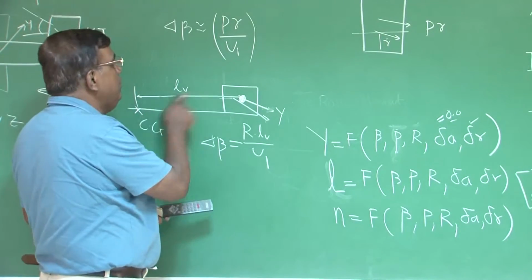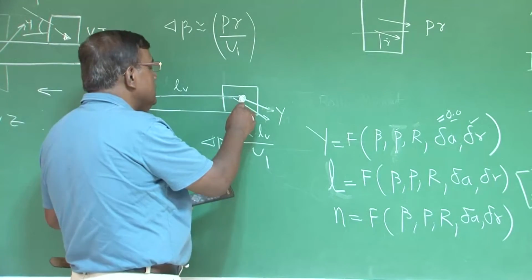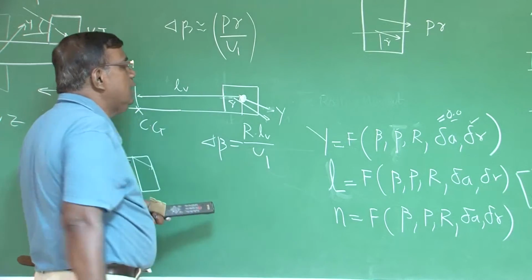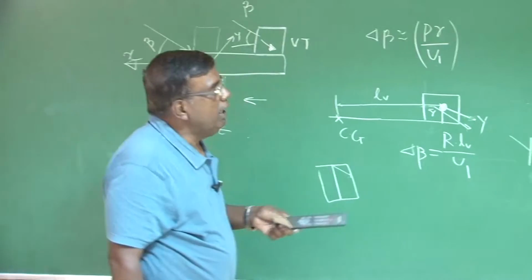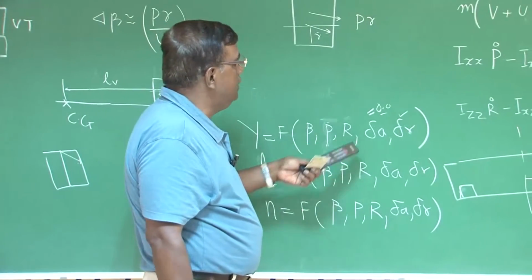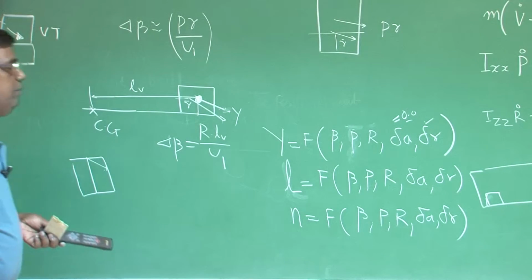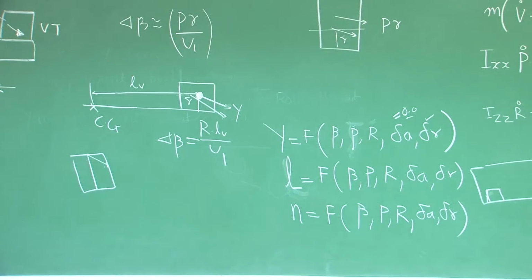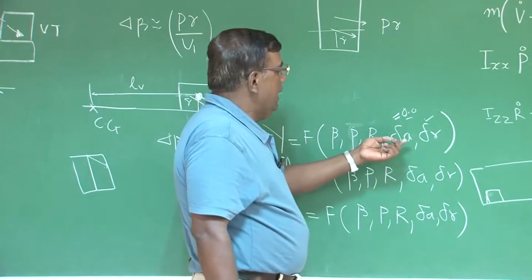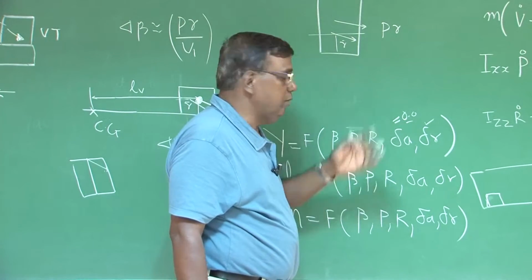So, y into Lv will be contributing towards yawing moment, and y into this distance, let us say r bar, will contribute towards rolling moment. So, once y is a function of this, automatically rolling moment and yawing moment also get to be functions of all those motion and control variables, right. With the difference that for side force, we are saying aileron deflection will not cause much of a side force as a very first approximation.